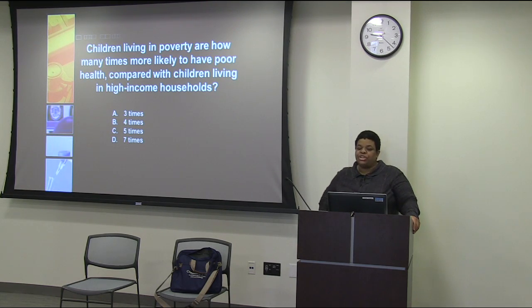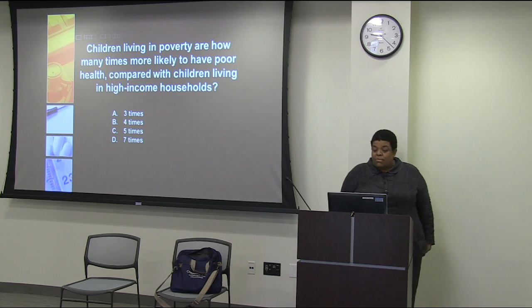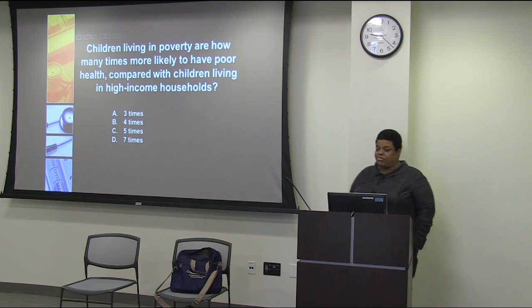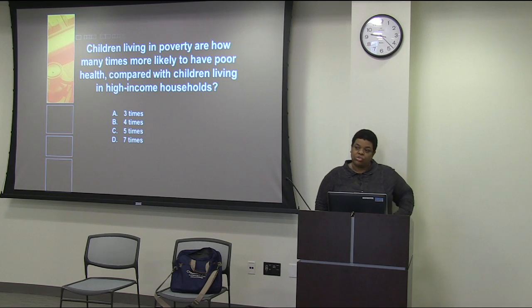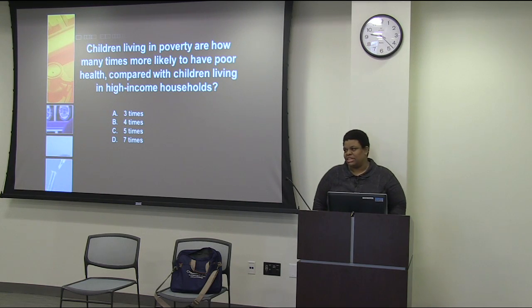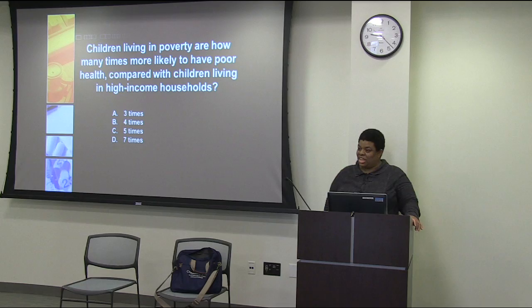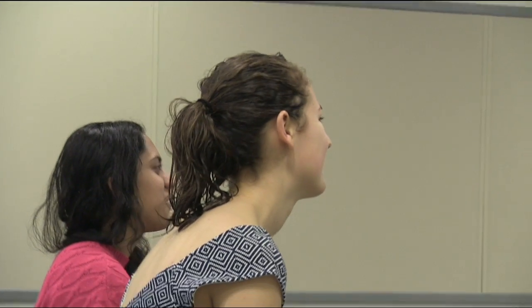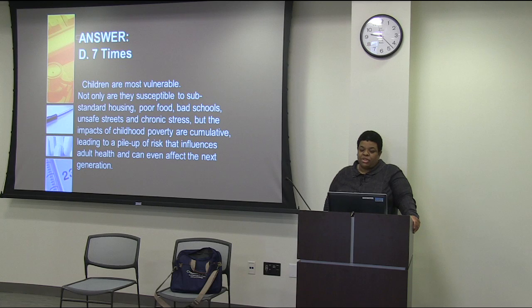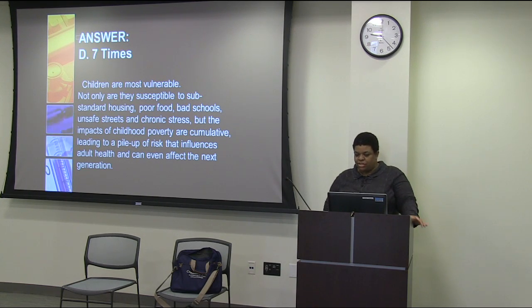First question: children living in poverty are how many times more likely to have poor health compared to children living in high income households? What do you think? Okay, 7. Let's see. Well, the answer is 7. So children are most vulnerable. They're susceptible to substandard housing, poor food, bad schools, unsafe streets, chronic stress.